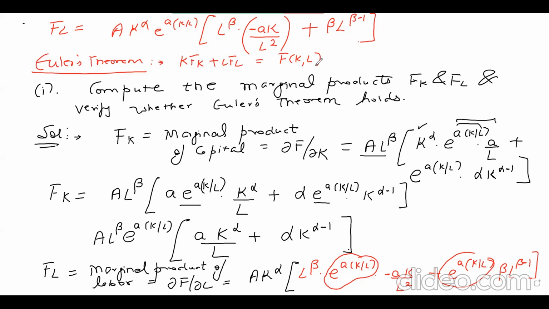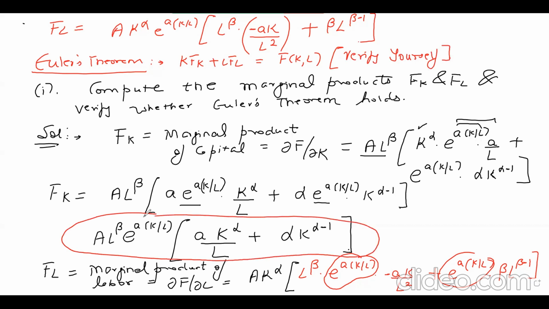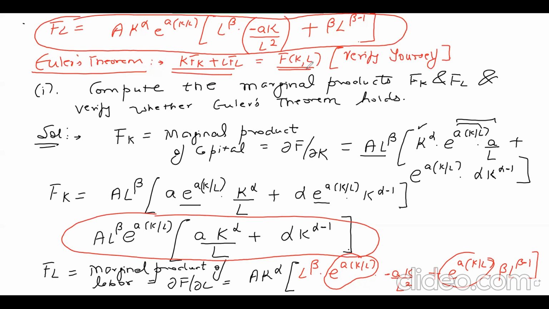You should be able to verify the Euler's theorem on your own now. That is not difficult. So basically, the main thing was to find out the marginal products FK and FL using the concept of partial derivatives. Just multiply the FK expression with K and the FL expression with L and add them up, solve the algebra part to get it exactly equal to F of K, L.